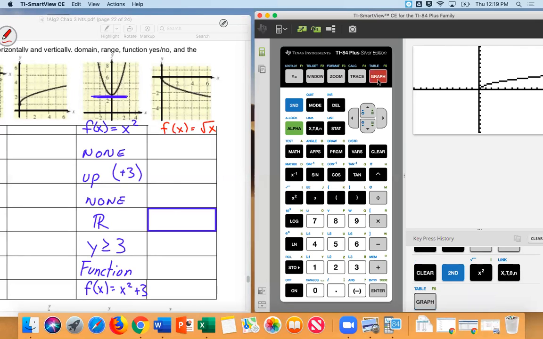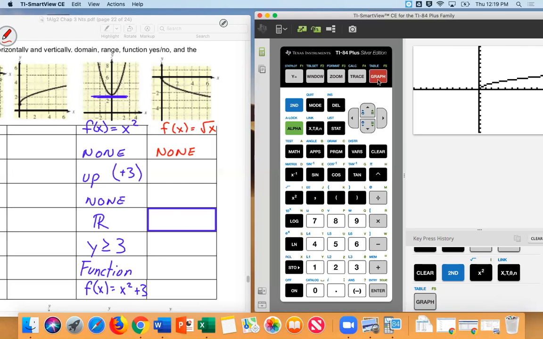So, Leah, would you agree that the main difference between these two is I just flipped it? Okay. So it doesn't look like I shifted it left or right. Agreed? So this is no shift there. And it doesn't look like I shifted it up or down any. It just looks like I simply took this and went like that.